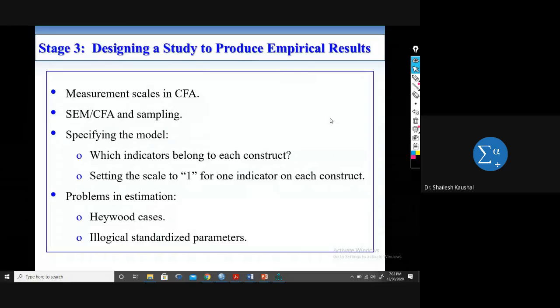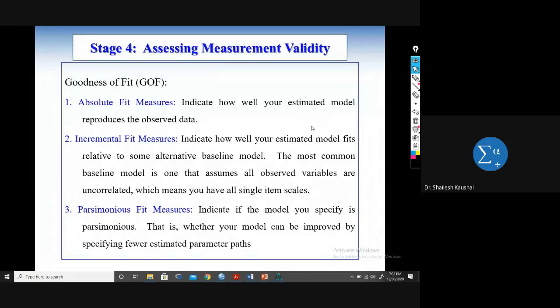Now, designing the empirical results. This is very important: assessing the measurement validity. What will we do? We will produce the results of goodness of fit indices in our research papers. This is the main thing, to identify whether our model is good or not.